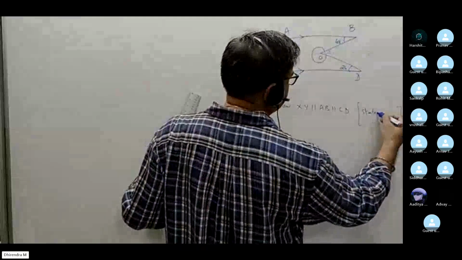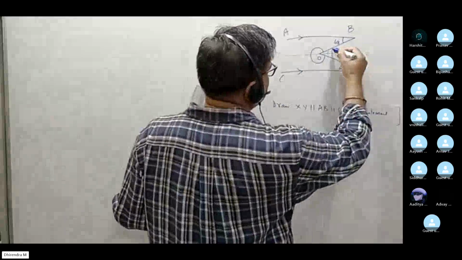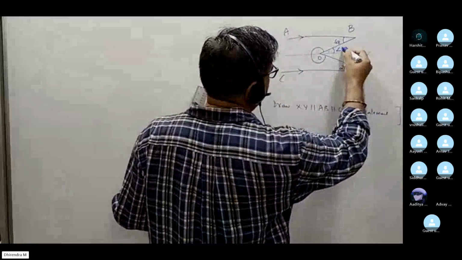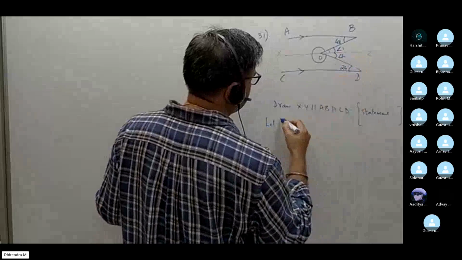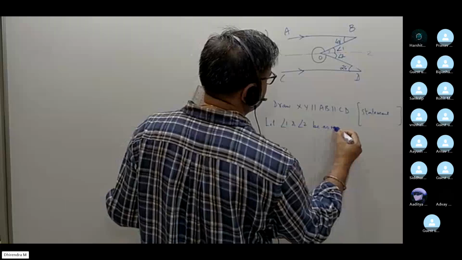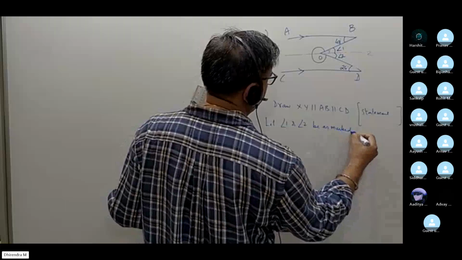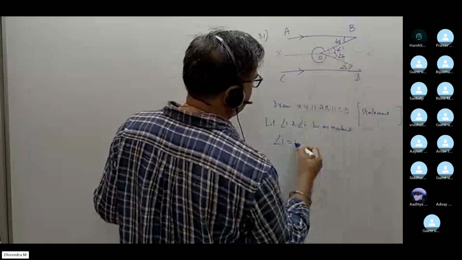I'm not writing the statement, write the statement. So in this case now, if this is angle 1 and this is angle 2, let angle 1 and angle 2 be as marked in the figure. Then can somebody tell me what angle 1 is?